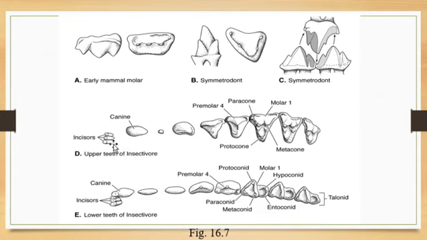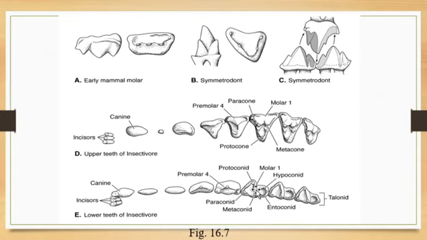So 3 incisors, 1 canine, premolars we have 1, 2, 3, 4. Then molars are 1, 2, 3. In the lower teeth, we have 1, 2, 3 incisors, 1 canine, premolars 1, 2, 3, 4.